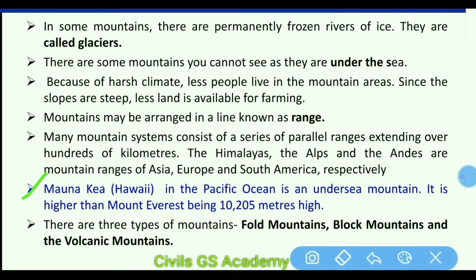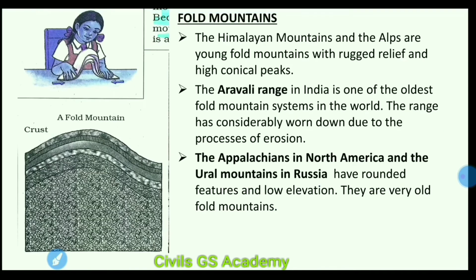There are three types of mountains: fold mountains, block mountains and volcanic mountains. Now we'll discuss the fold mountains. First, see in the figure here how fold mountains are formed. This girl is explaining the formation of fold mountains with the help of paper.